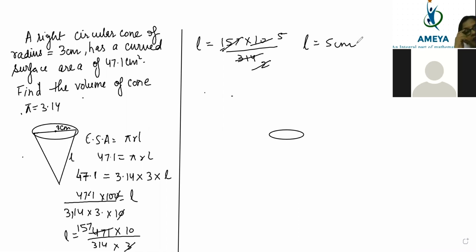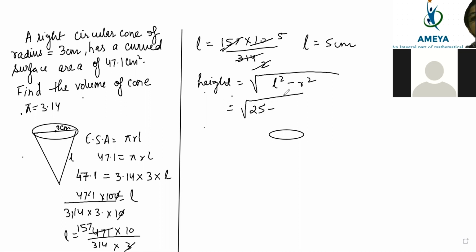Now with the help of that, the height of the cone we can get. So height of cone is equal to root under slant height square minus radius square. So slant height is 25, that is 5 square. This question also nobody was able to solve.